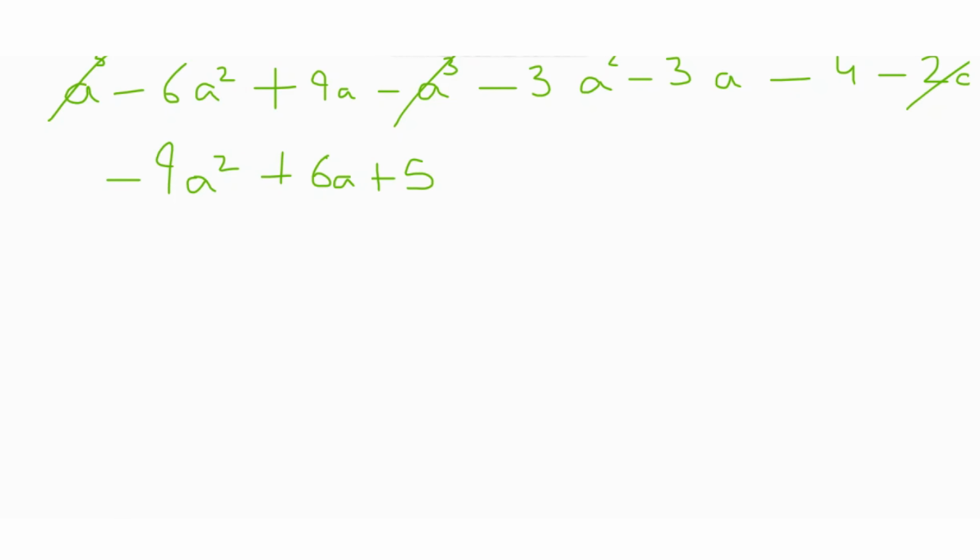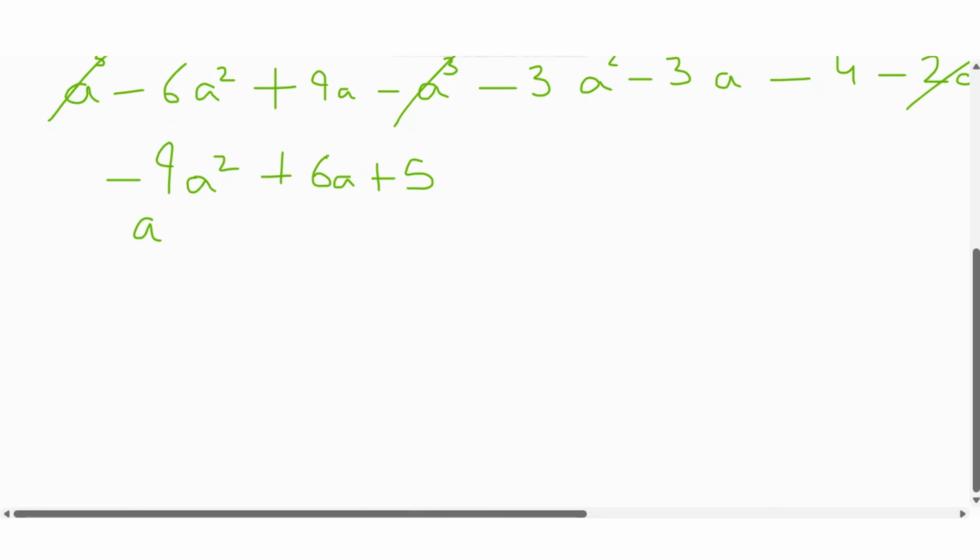So that's our A, that's our B, and that's our C. So this is our quadratic formula: negative B plus minus root of B squared minus 4AC, over 2A.